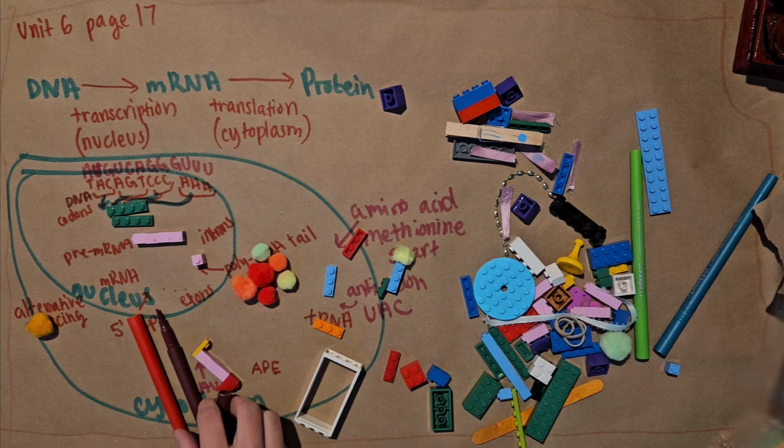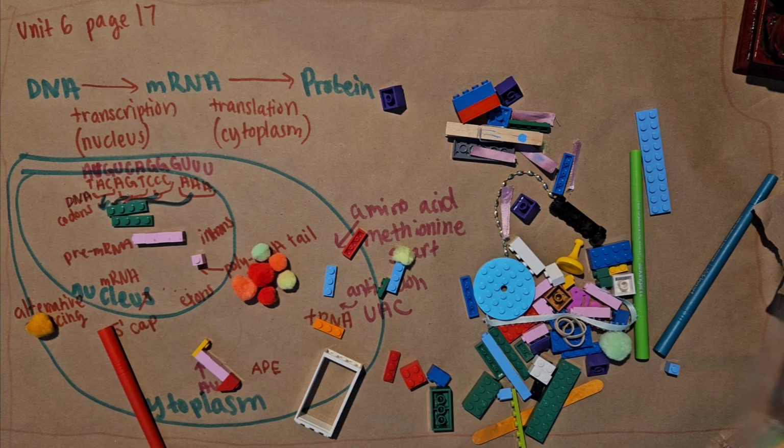If you do the post-translational modification, that means you're probably adding some things to it, for example, a methyl group or a hydroxyl group, and the extra additions will help it become more finalized so that it can go on and do its job.